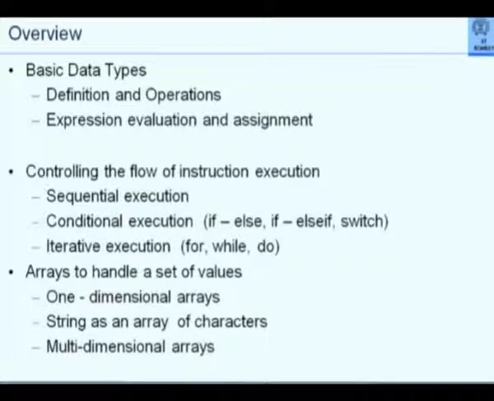We want to execute a simple body which will iterate n times and find out the sum of n terms. Such iterative control is available in C++ through three specific instructions. One is called the while loop, the other is called the for loop, and the last one is called the do while. These are the three instructions for iterative execution.